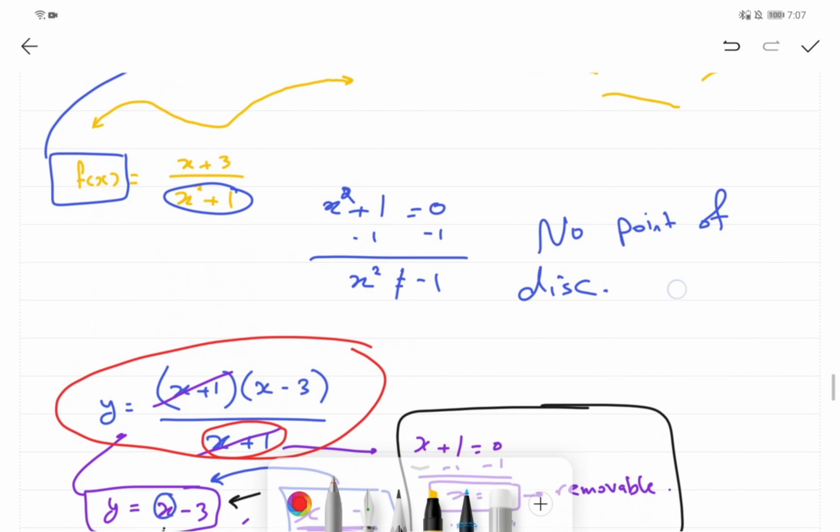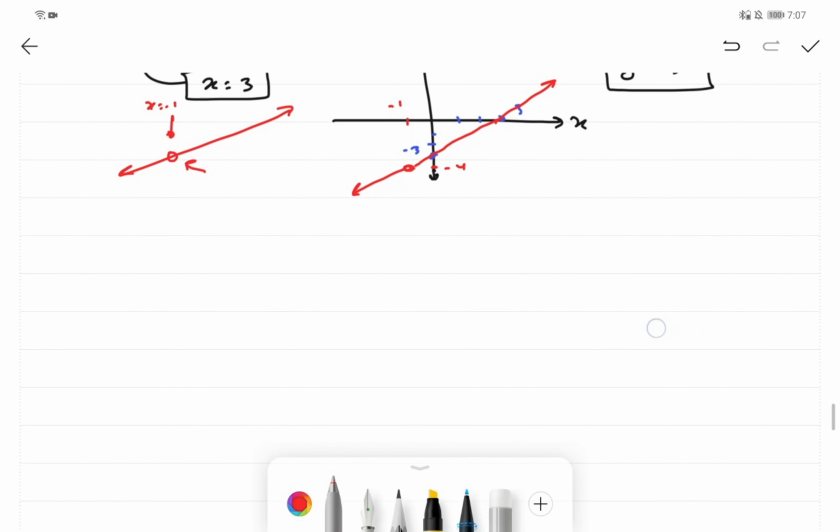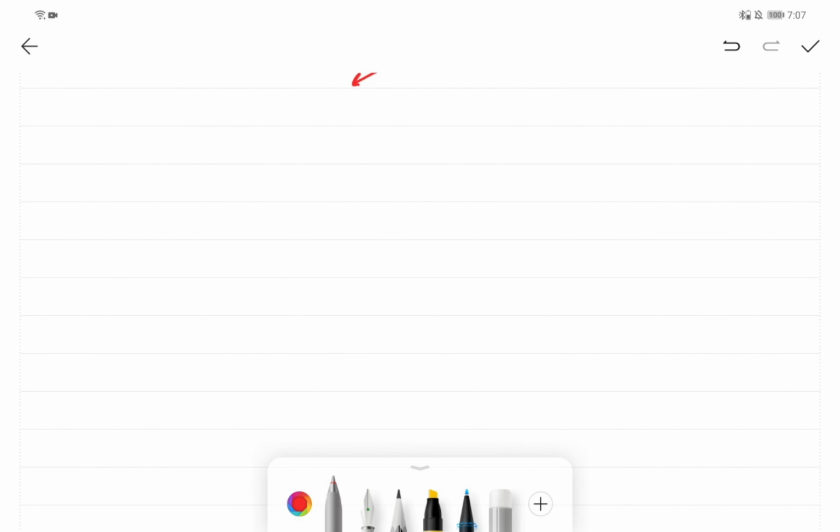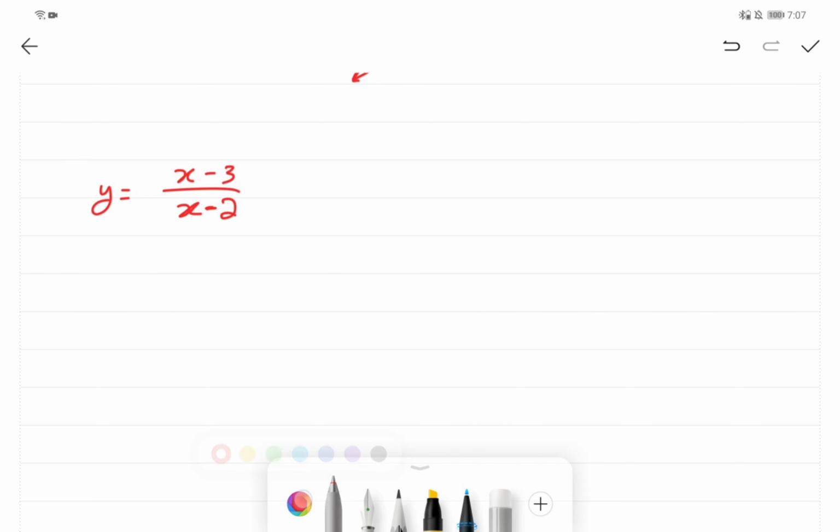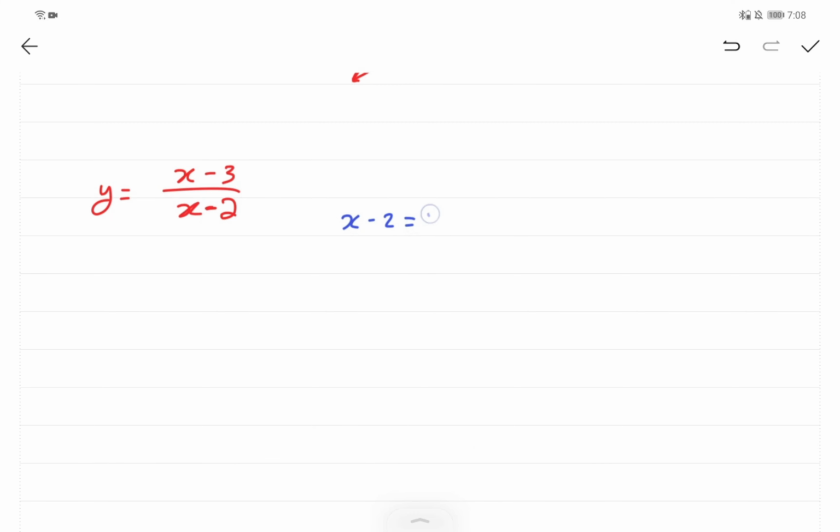Now let's talk about the gap. Let's say we have this function y equals x minus 3 over x minus 2. Now what's the denominator? It's x minus 2. Now x minus 2 equals 0, so we have a point of discontinuity when x equals 2.